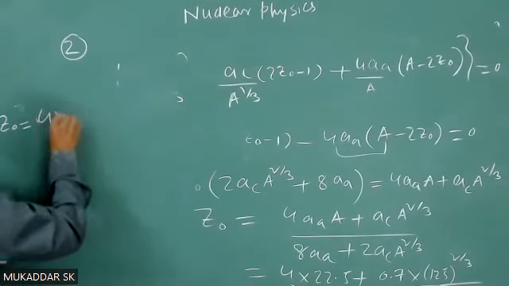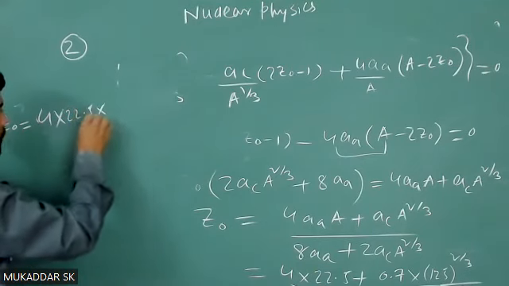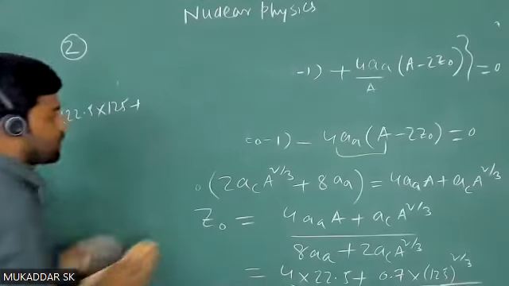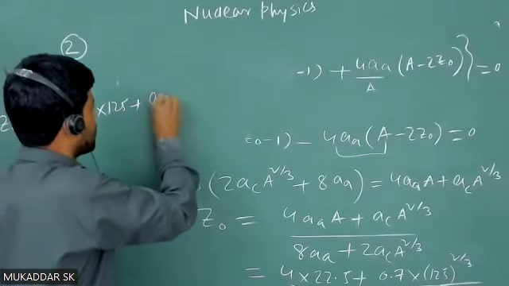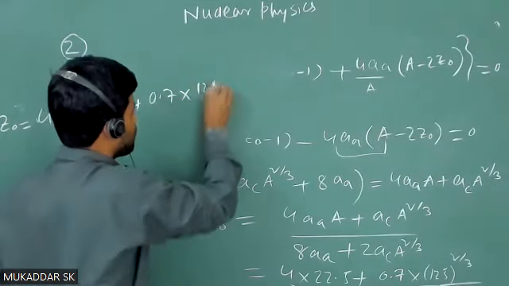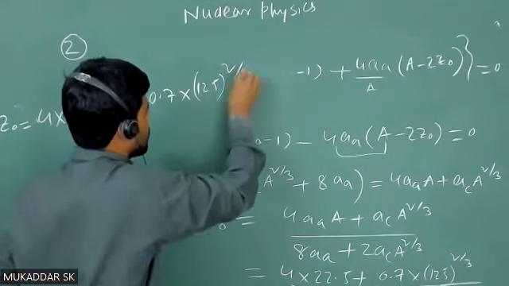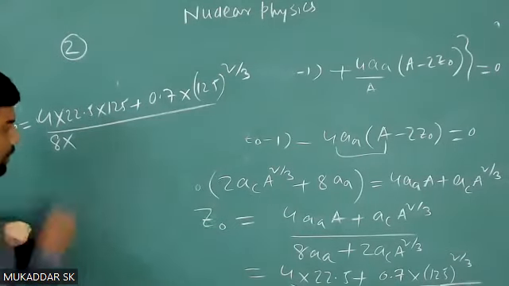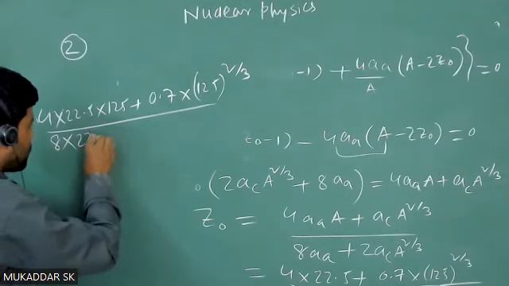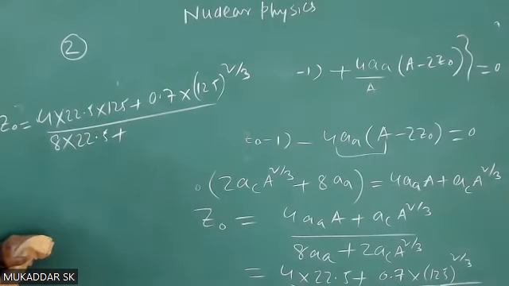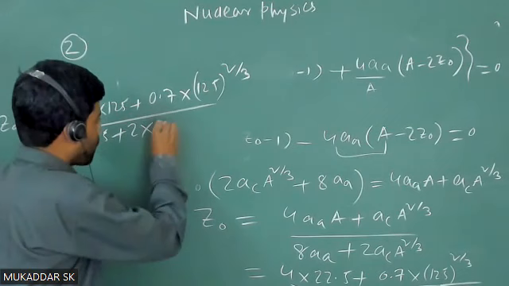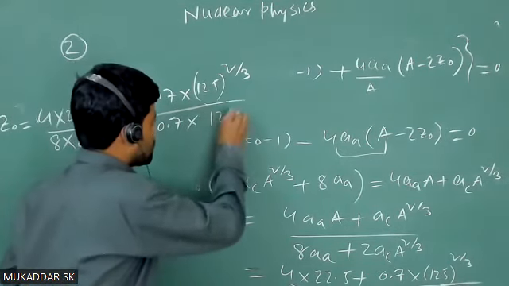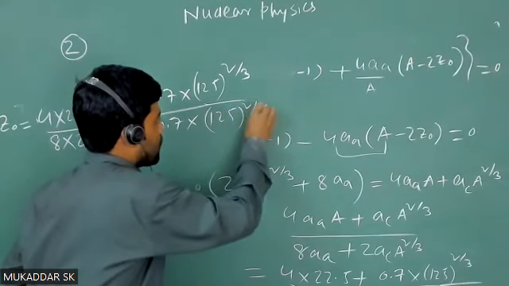So you'll have 22.5 into 125, and then you have the next term that contains A_C. A_C is 0.7. Then you have 125 to the power 2/3, and in the denominator you will have 8A_a, that is given 22.5. Then you have twice A_C 0.7 into the mass number, that is 125 to the power 2/3.